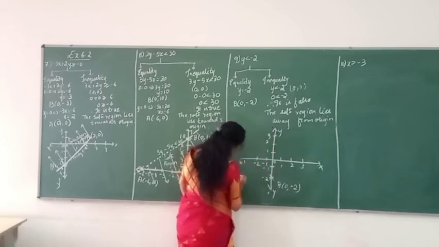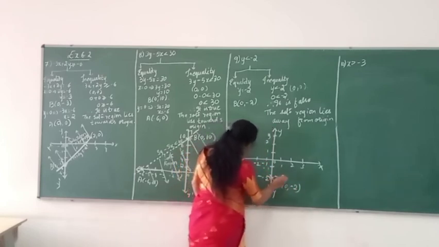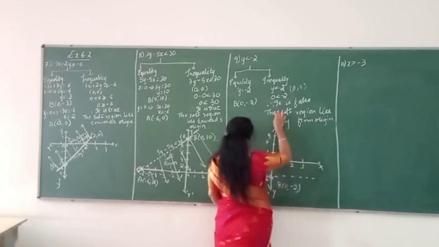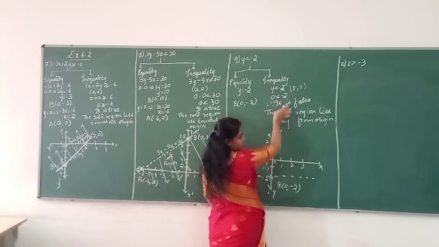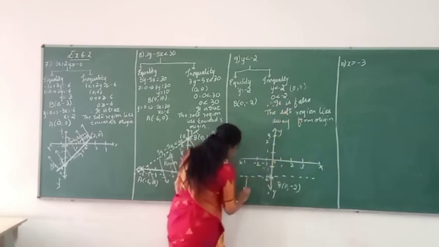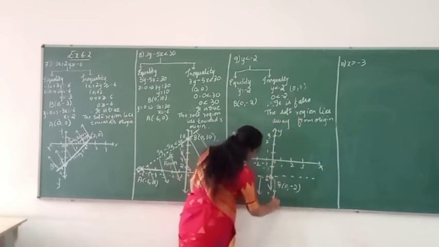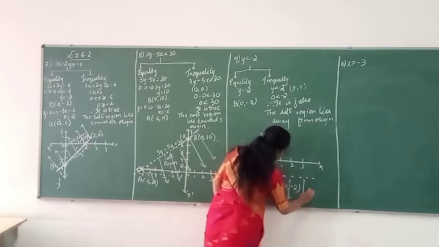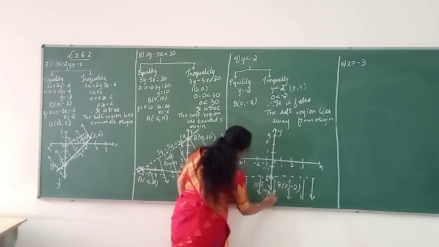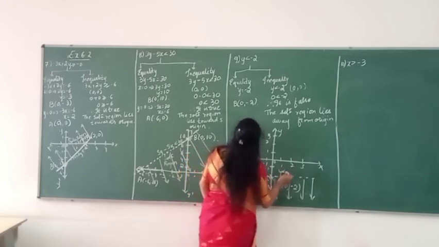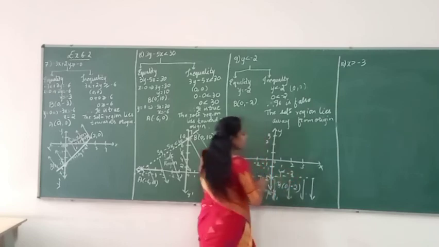As it is inequality less than, it will be a dotted line. When we consider the inequality, 0 is not less than minus 2, so it lies away from the origin. So this is your solution region, and here you will write y is less than minus 2.